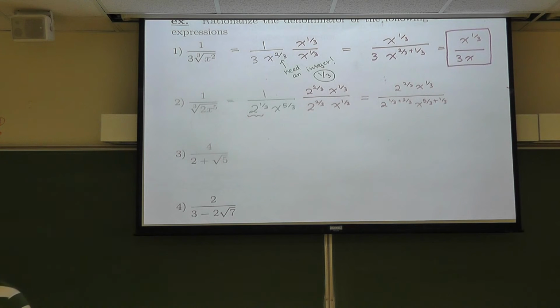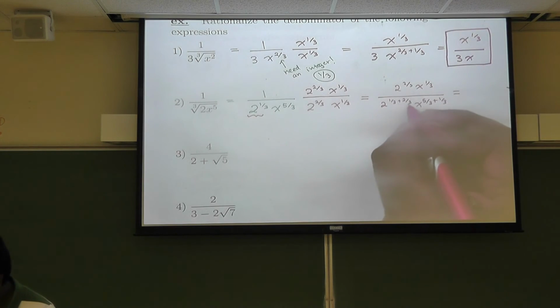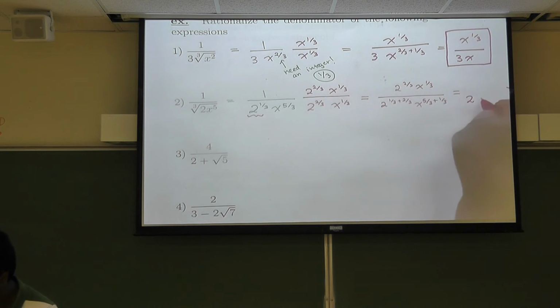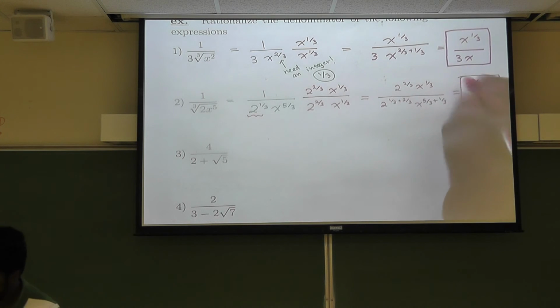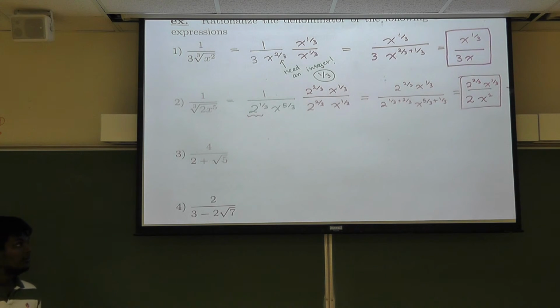And so at the end we will add them. 1/3 plus 2/3 is 3 over 3, which is just 1. 5/3 plus 1/3 is 6 over 3, which is x squared. And then on the top you have 2 to the 2/3 x to the 1/3. And that would be the final answer, because the point of rationalizing the denominator is having everything in integer exponents, and right there you have it. Okay, so we are done.